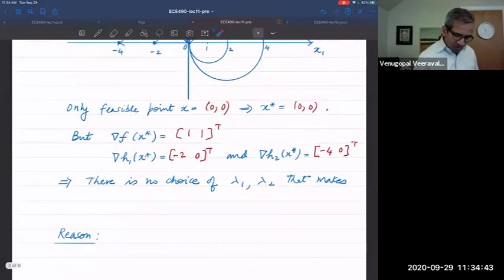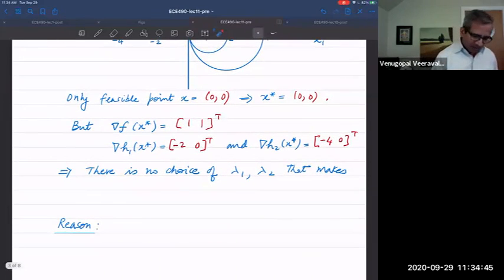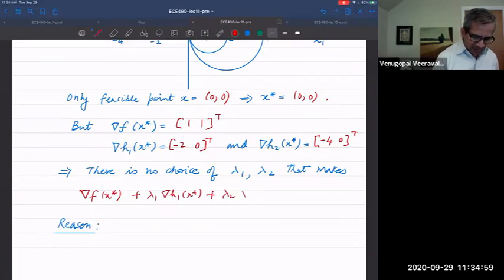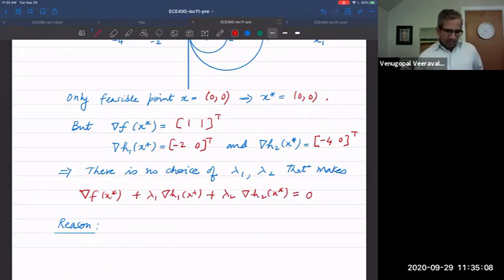This means that there is no choice of lambda1 and lambda2 that makes the gradient of f at x star plus lambda1 times the gradient of h1 at x star plus lambda2 times the gradient of h2 at x star equal to 0. But you can see why this is happening.